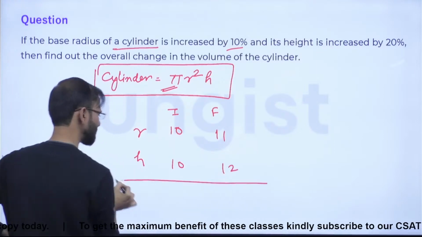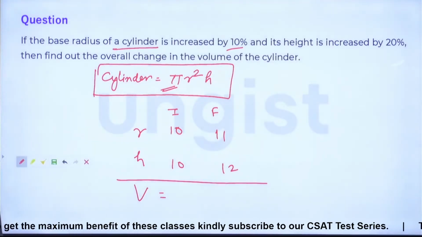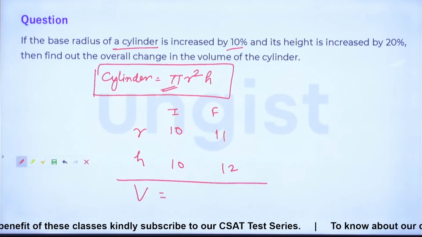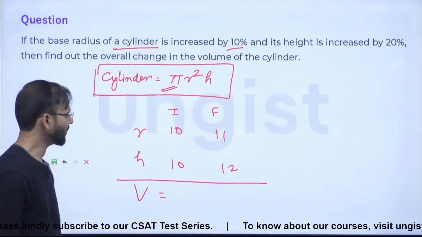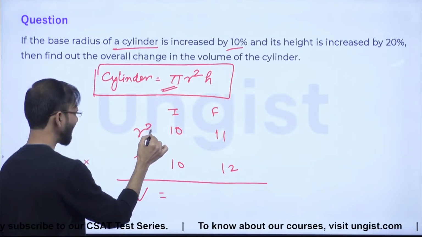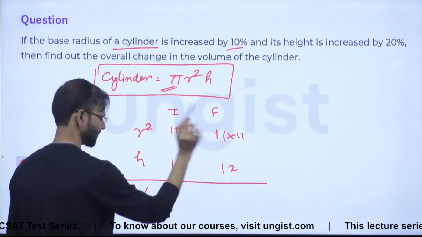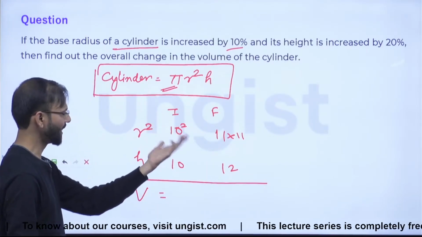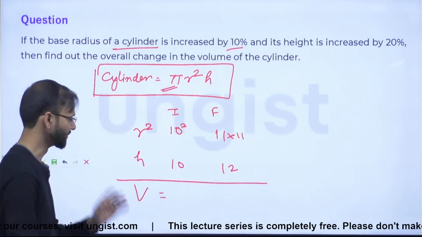Everyone, ये बात आप समझ पा रहे हैं कि नहीं? It's clear? But guys, what is volume? Volume is r square into h. So if I have to find r square, then 10 square and 11 square is 11 into 11, right? Strategically, I am writing it as 11 into 11. I could write it as 121 also, but it's not needed.